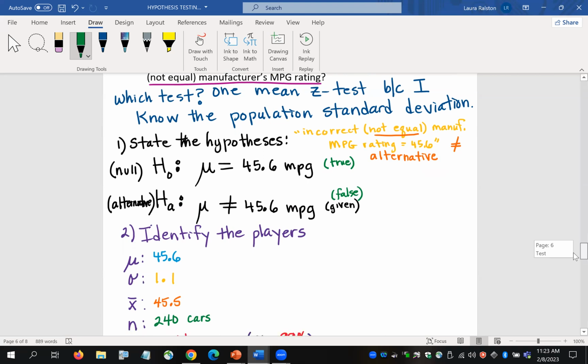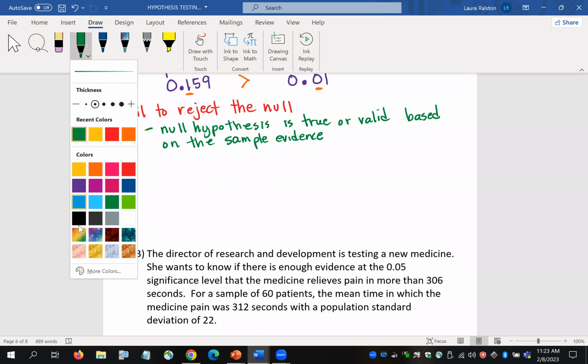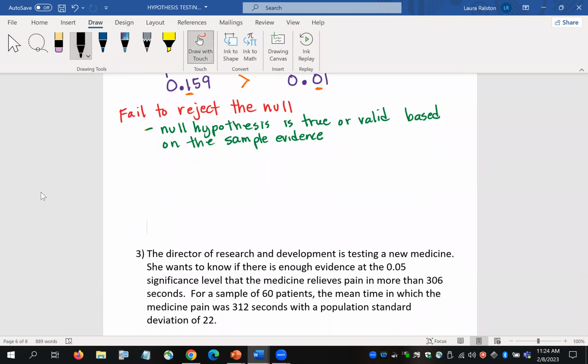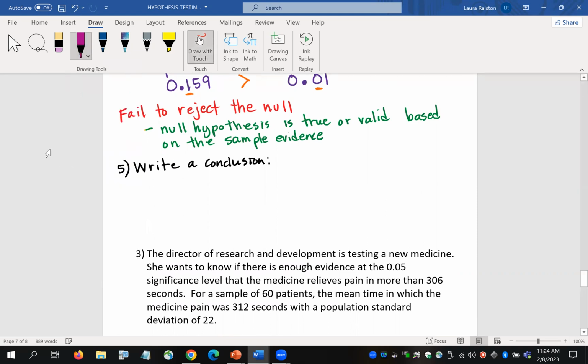And the last step in the process, step 5, is to write a conclusion. You have to include the level of significance in your conclusion. I always begin with that.